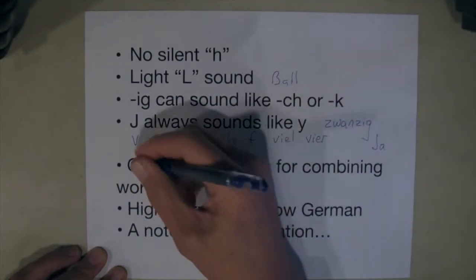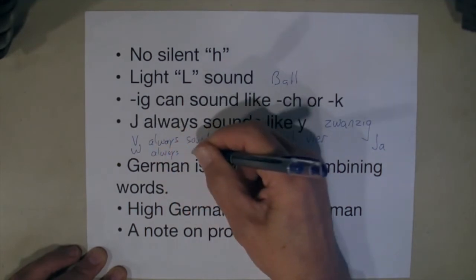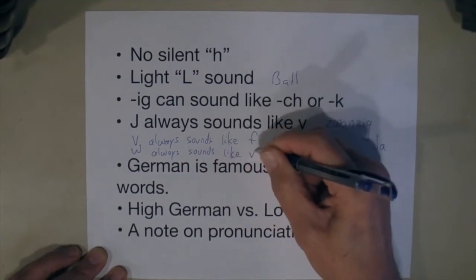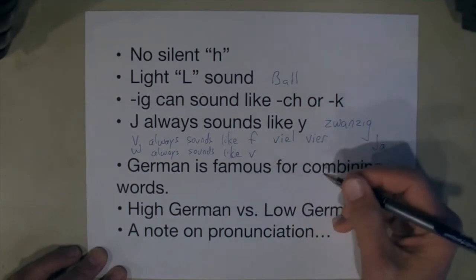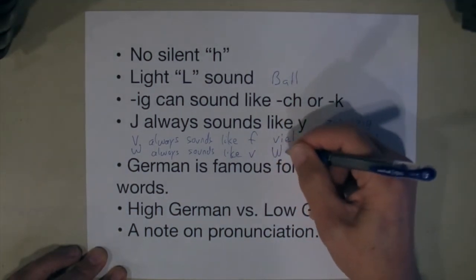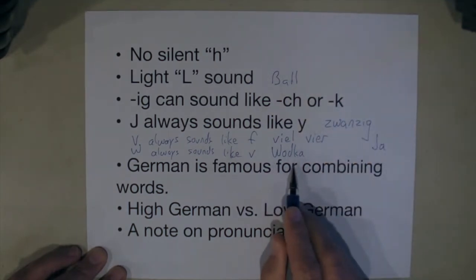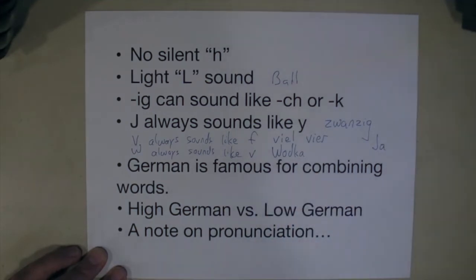Okay. And a W always sounds like an English V. One that's very funny is the word Wodka. We use a V, of course, in English, but it's a W in German. I don't know why I'm giving you these examples.